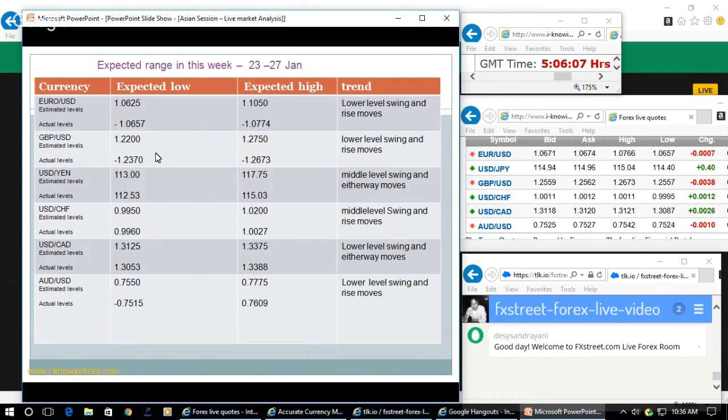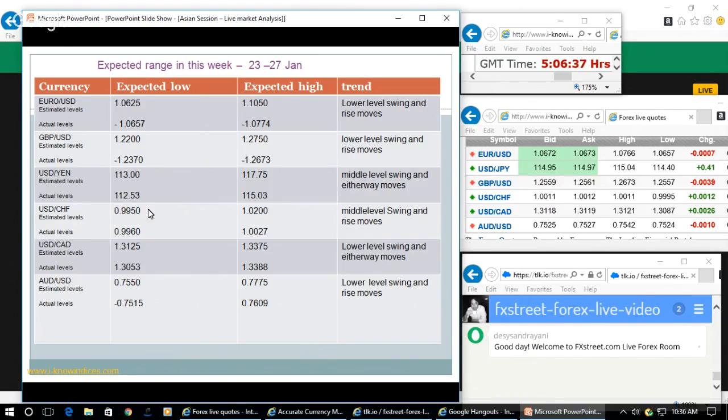In the case of GBP, they did not drop much, but they gained and went up to the 1.2670 area and then started coming down, and they are expected to gain more levels today towards close. And in the case of yen, the estimated low was 113, they came down to 112.53 and have gone to 115 now, and towards close they are expected to gain some more.